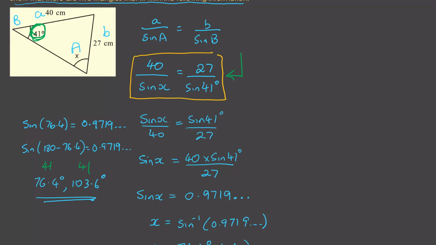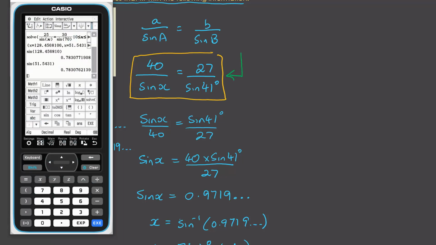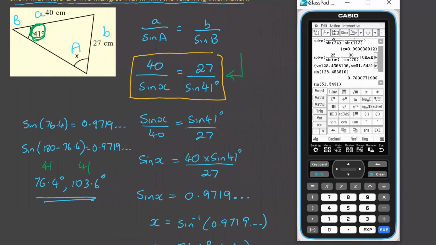Now, before we come back to that, let's just very quickly look on the calculator here. I'll just edit the last time I did this type of calculation. So we've got 40 over sine x is 27 over sine 41.